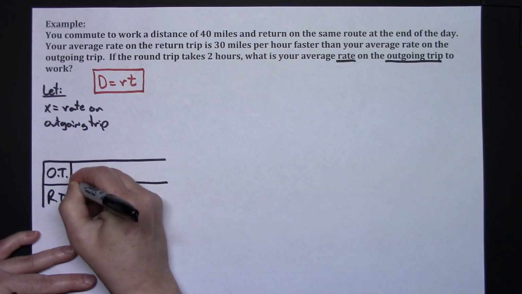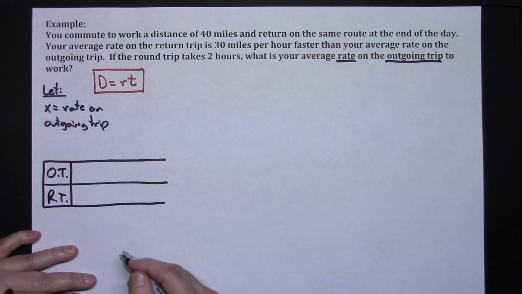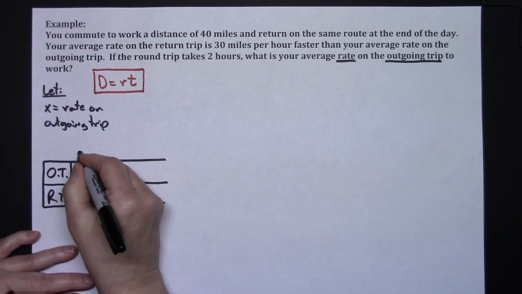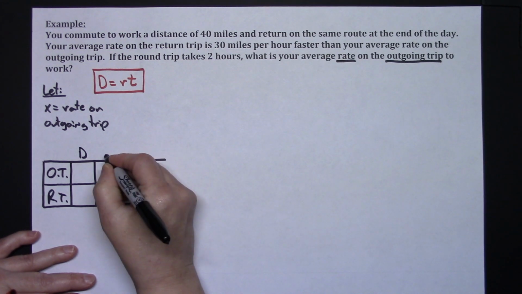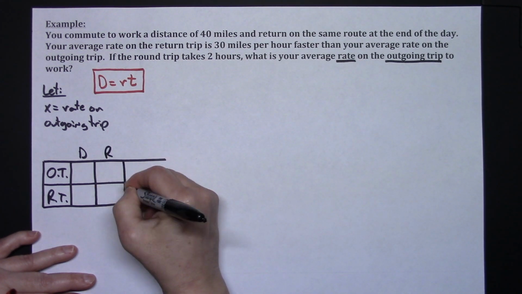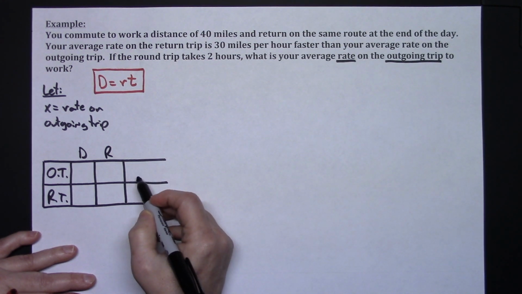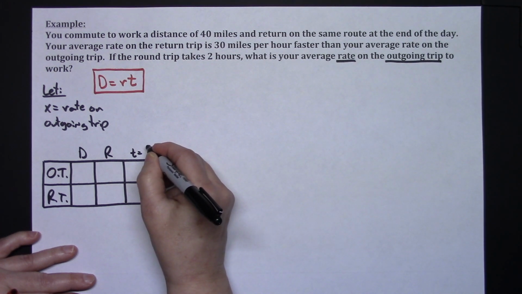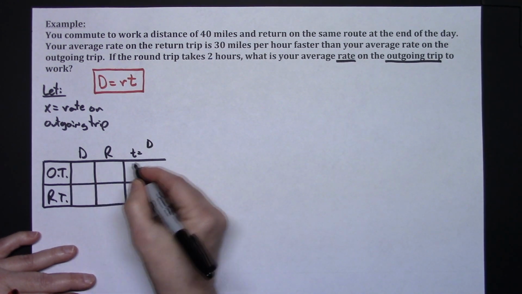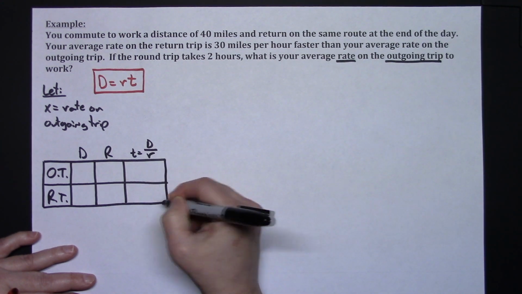Alright, and then I'm going to use distance equals rate times time to set up my chart. I'm going to have a column for my distance and a column for my rate. The time is going to be generated by taking whatever I put in the D space and dividing it by my rate.